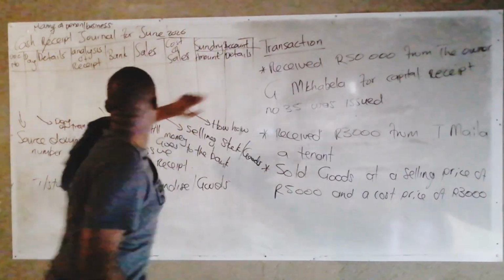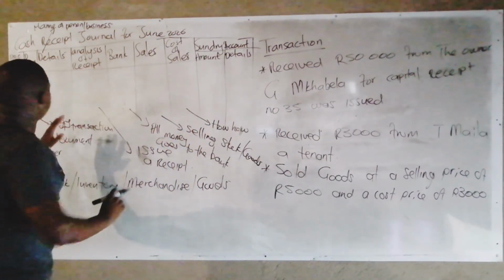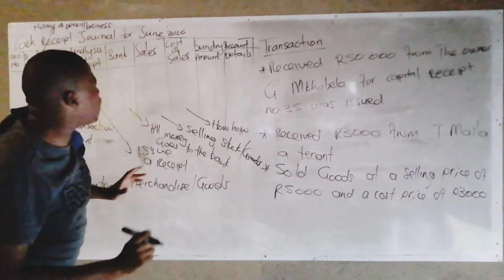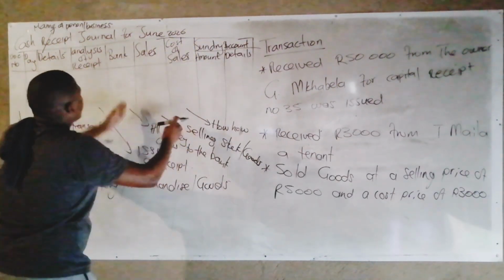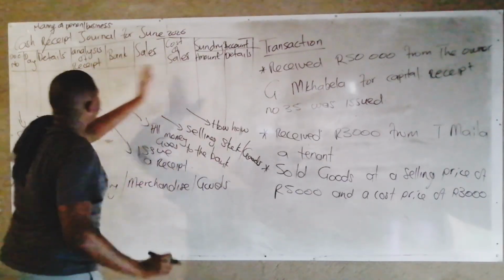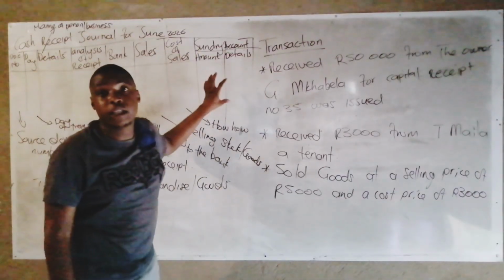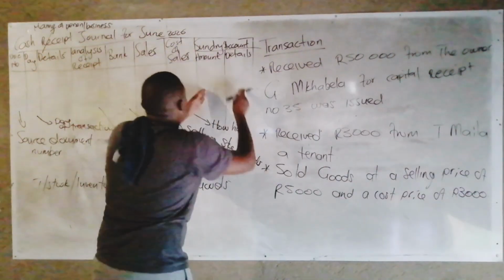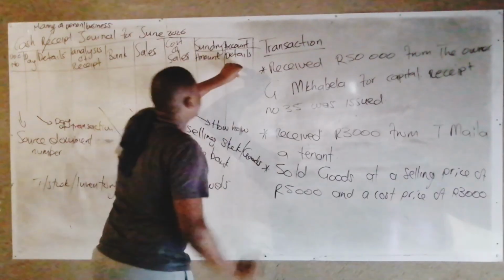Did you get that? If I've received a certain amount for rent, where should I put it? Because it doesn't have a column here. The only columns are bank, sales, cost of sales. There is no capital or rent income column here. Then I should enter that transaction in the sundry accounts. I will enter the amount here for that transaction and then the details.